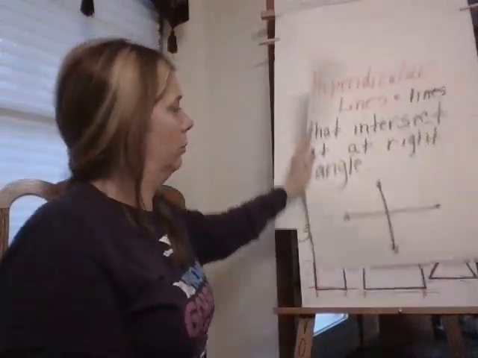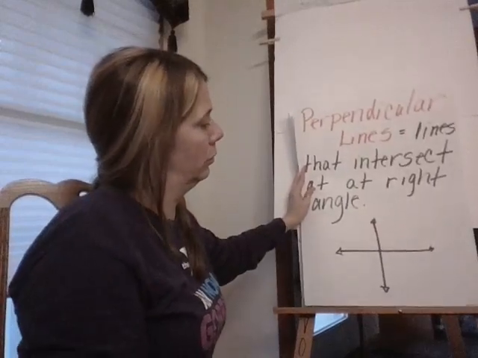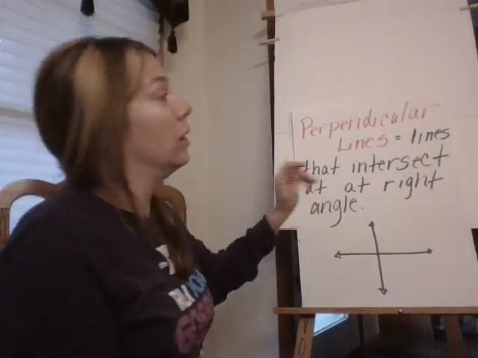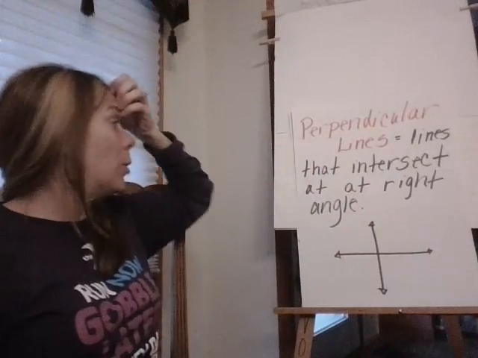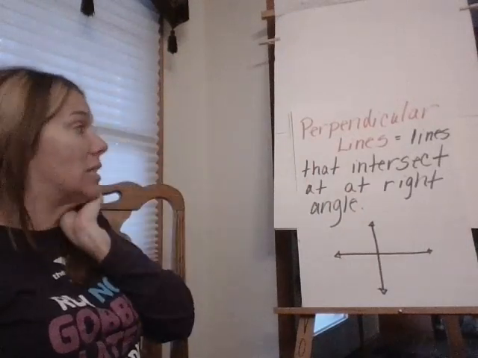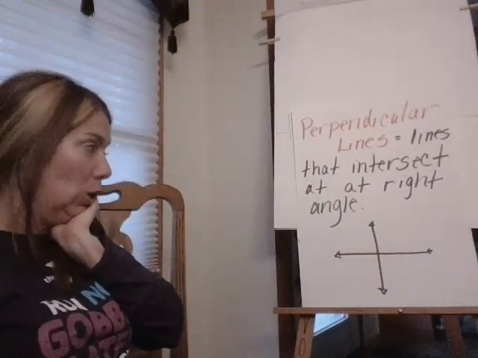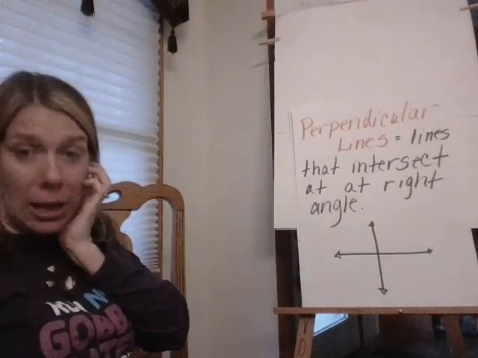All right. Now, our next type of lines is the perpendicular lines. It makes a plus. Yes, it does. Perpendicular lines are lines that intersect at a right angle, which means it makes a plus sign.